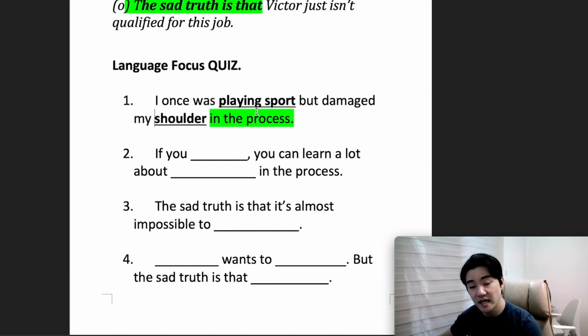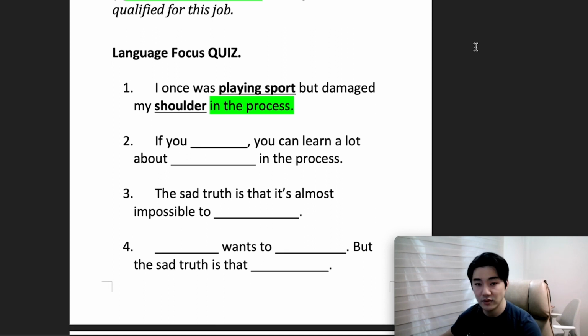I once was playing sport, but damaged my shoulder in the process. 운동을 하다가 어깨가 손상된 적이 있어요. So while it was happening, I damaged my shoulder. All right.